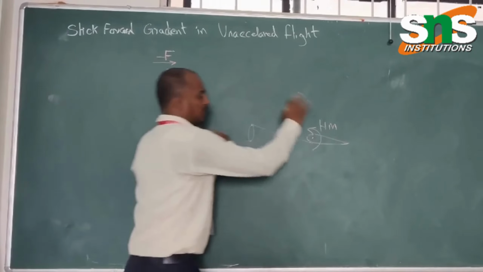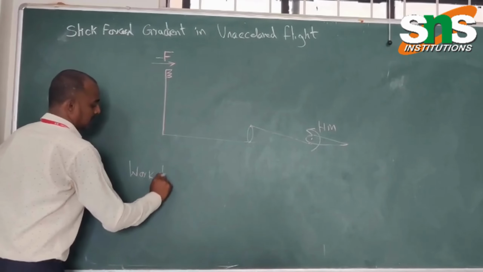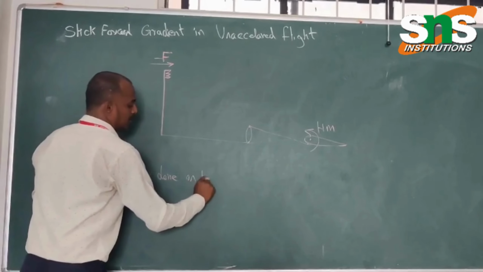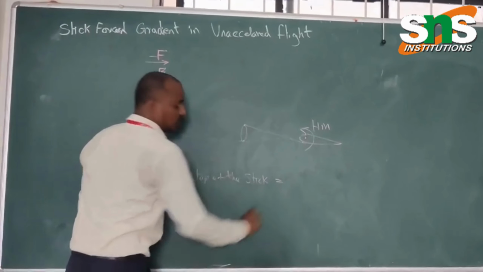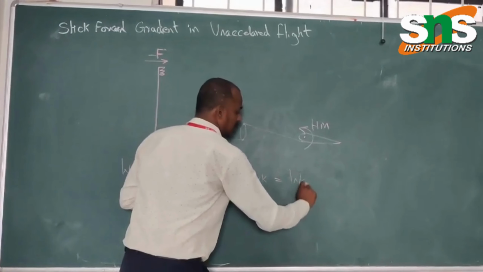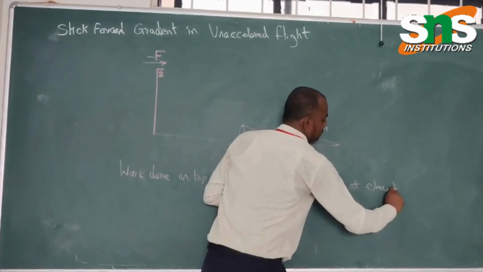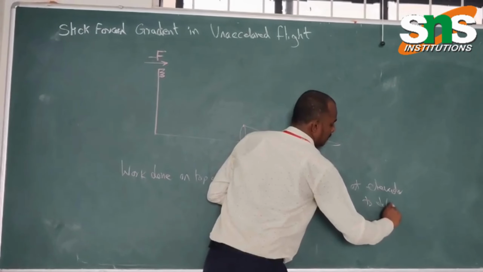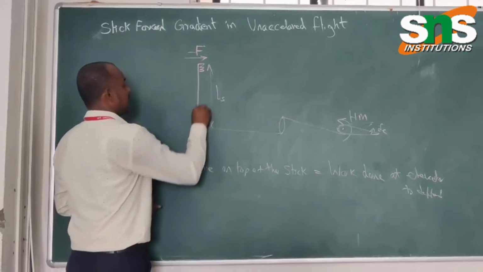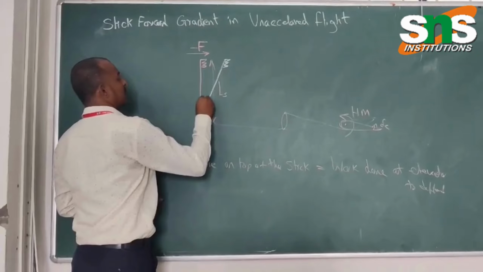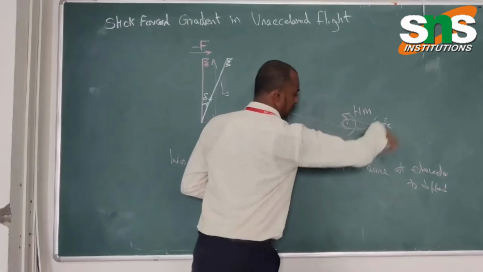So here we are going to find what work is done. Work done on top of the stick is equal to work done at the elevator to deflect.